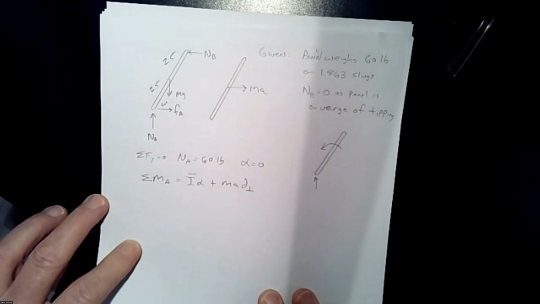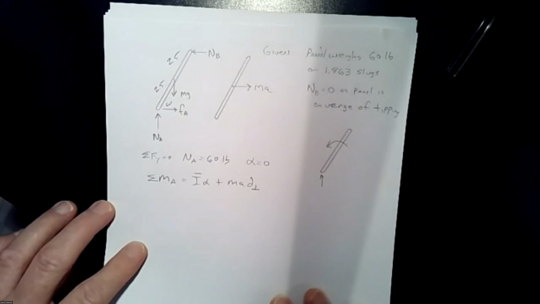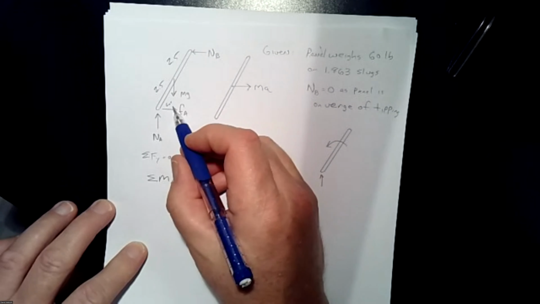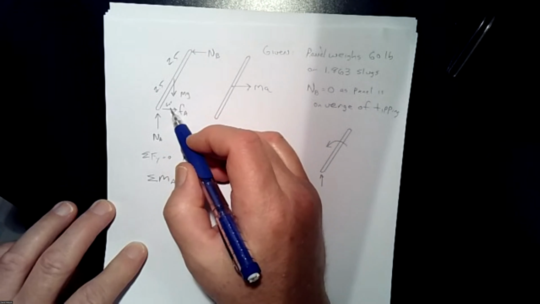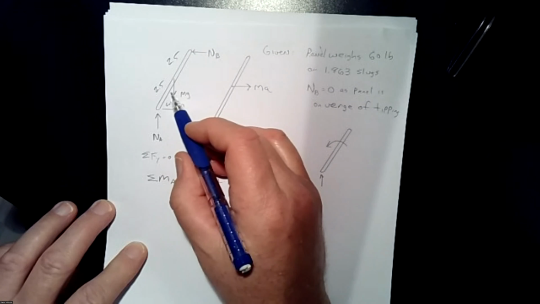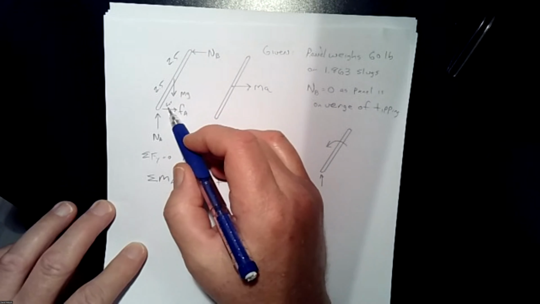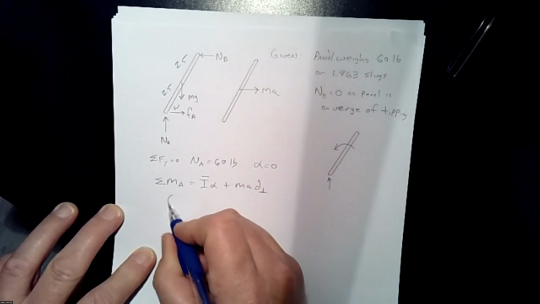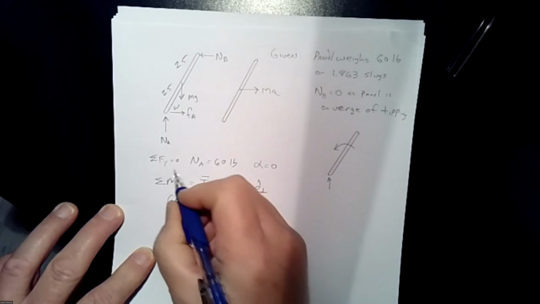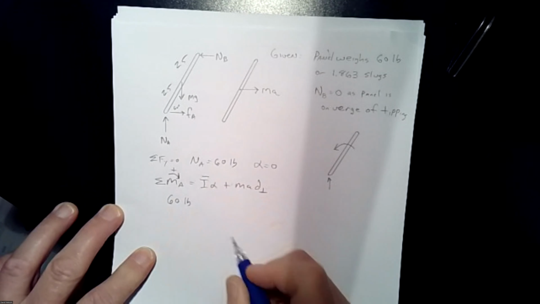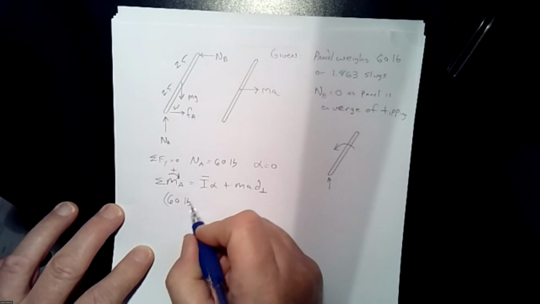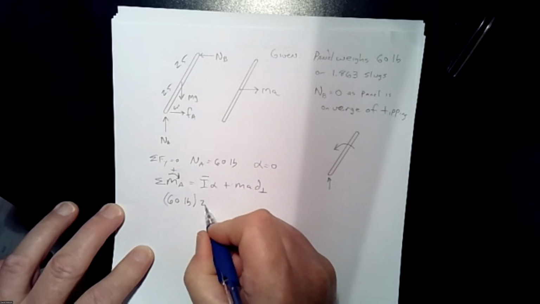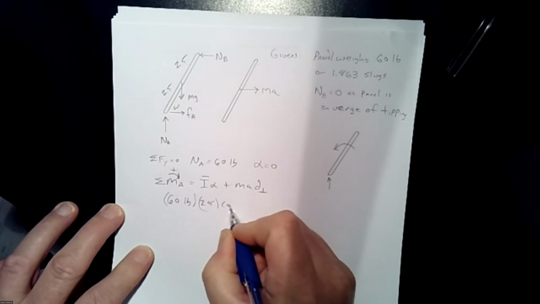The distance here is half of the hypotenuse, the sine of 30 or the cosine of 60. So it's 60 pounds, and we say this direction is positive, it doesn't really matter. So 60 pounds times 2.5 cosine 60.